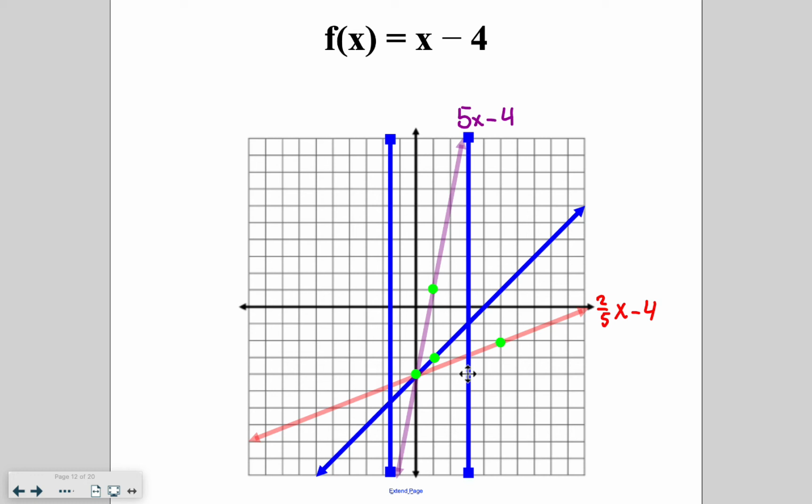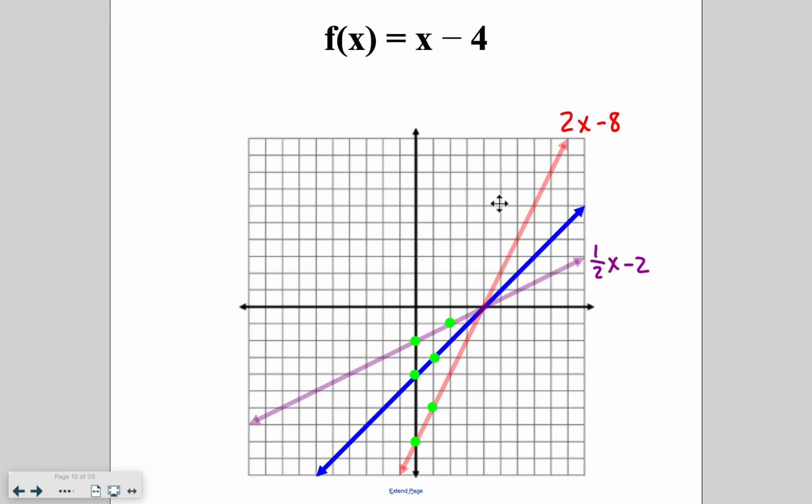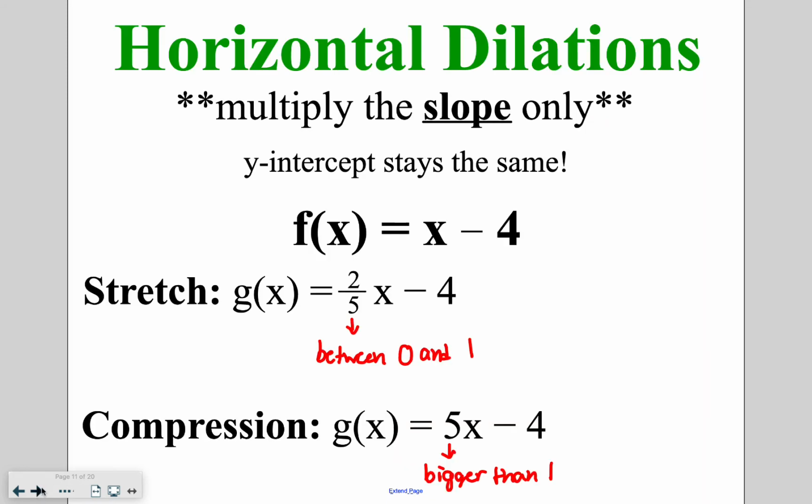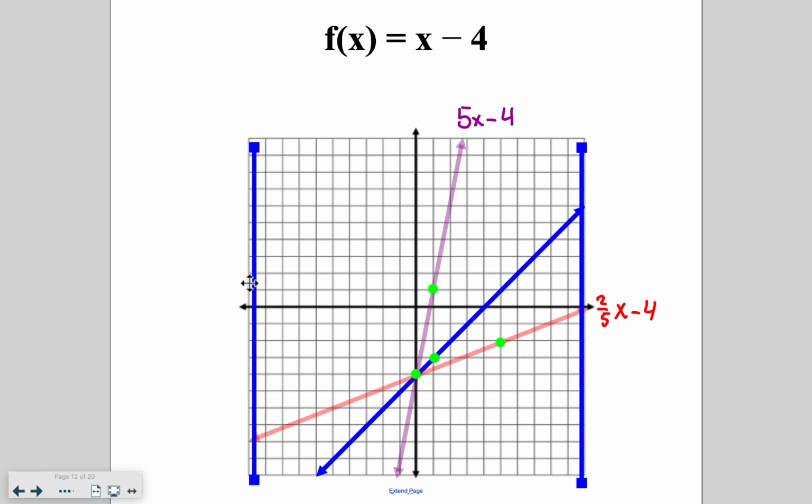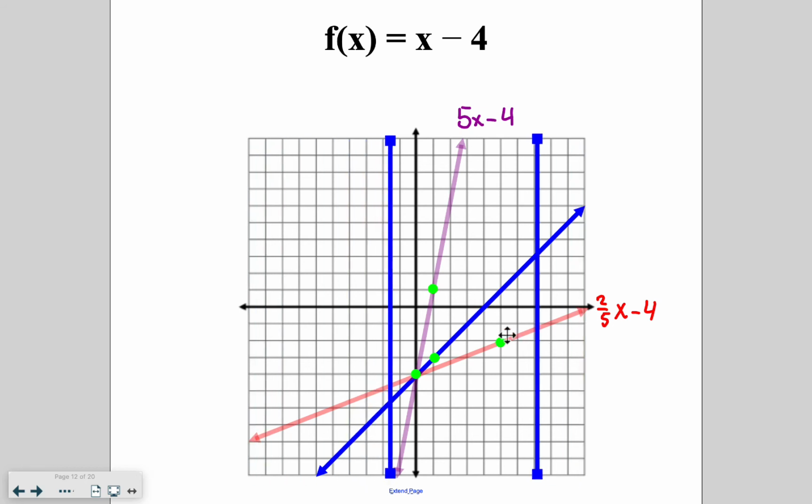So when you are looking at the vertical ones, we are looking for steeper being the stretch and flatter being the compression. When you are looking at the horizontal ones, you are looking at wider being the stretch and narrower being your compression.